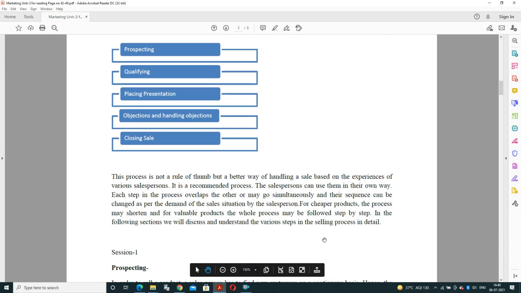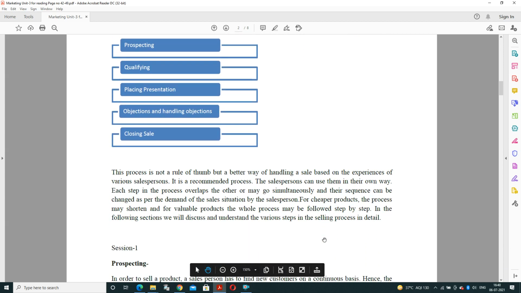Now the statement I am reading is a direct question that is asked by CBSE. The question is: this process is not a rule of thumb, but a better way of handling sales based on the experience of various salespersons. It is a recommended process. The salesperson can use it in their own way.